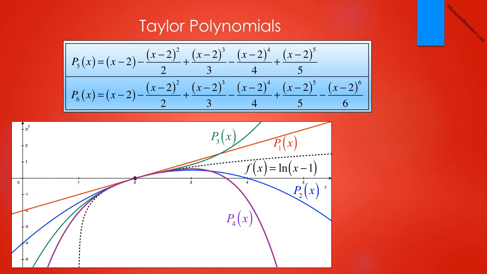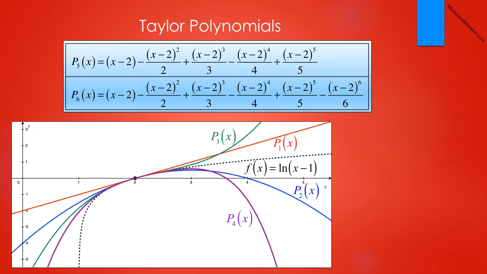We sketch all our Taylor polynomials on the same graph, along with our function f of x equals natural log of x minus 1 in a black dotted curve. As expected, P4 is the closest to f of x at x is equal to 3. But beyond that, none of the curves approximates f of x very well.